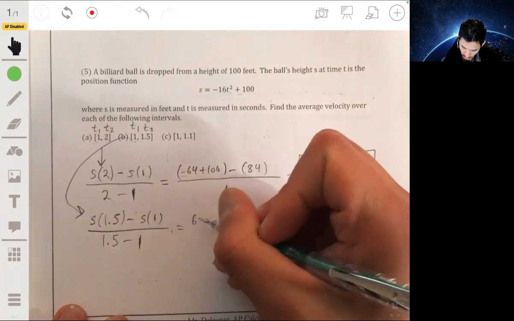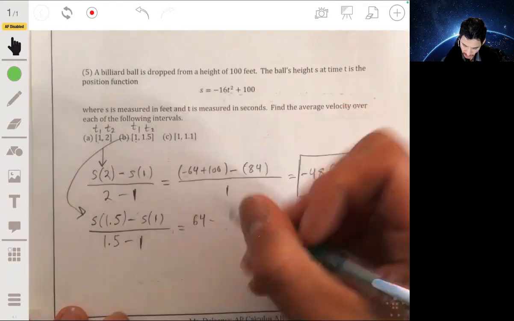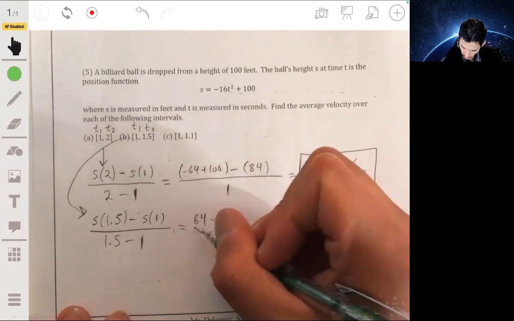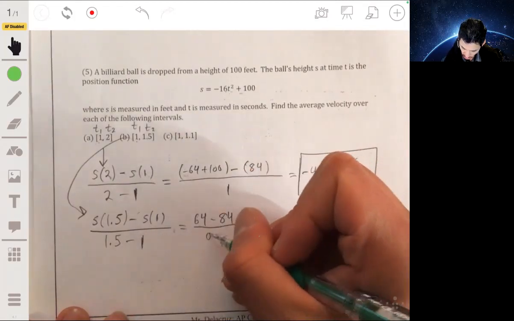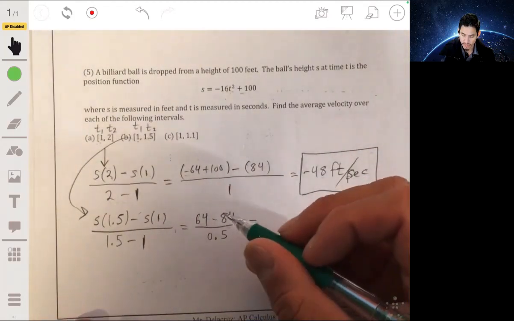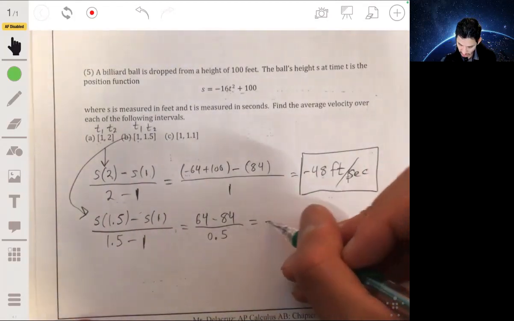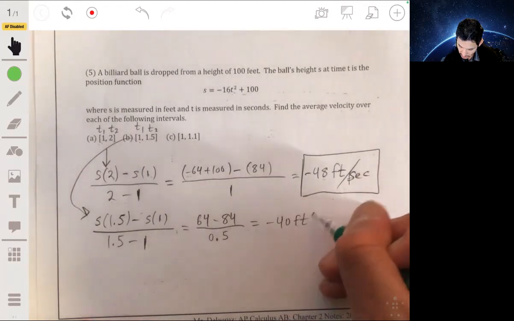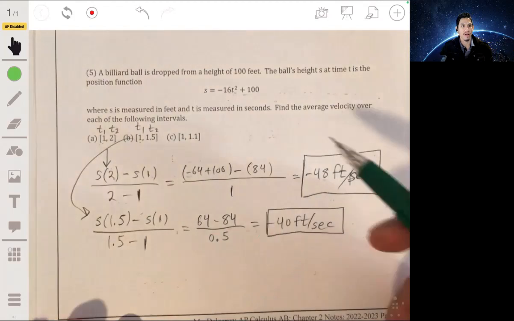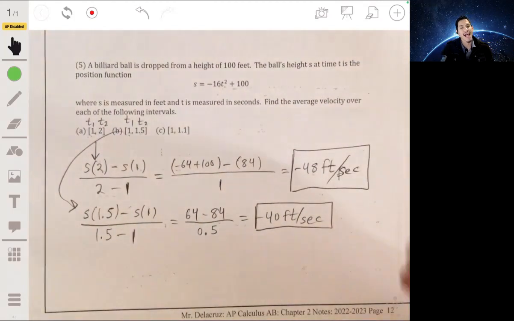You get 64 minus S of 1, which we already have as 84, over 1.5 minus 1, or just 0.5. And we get negative 20 over 0.5, or negative 40 feet per second. So over this interval, the billiard ball was going at an average velocity of negative 40 feet per second.